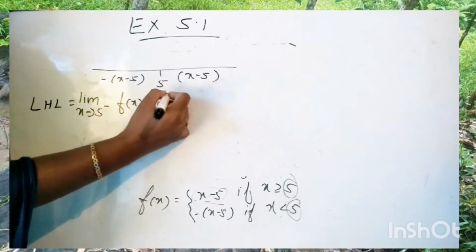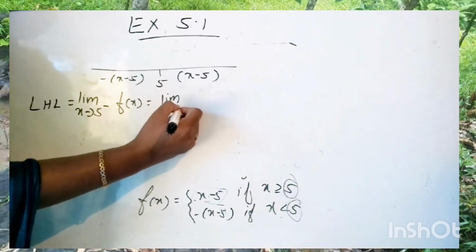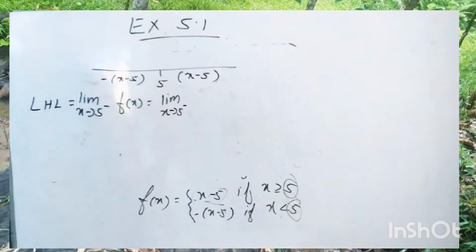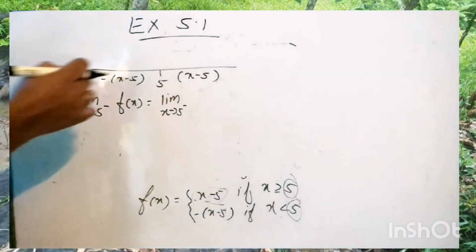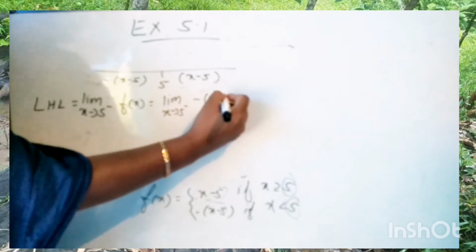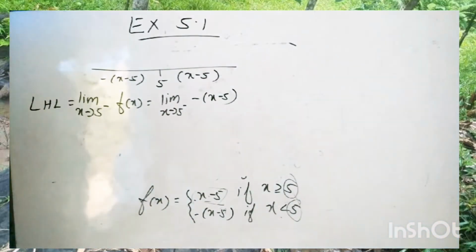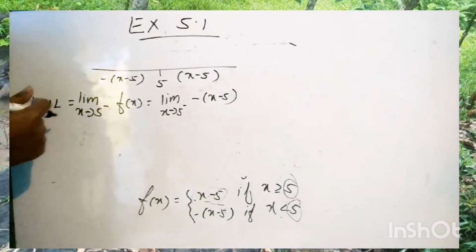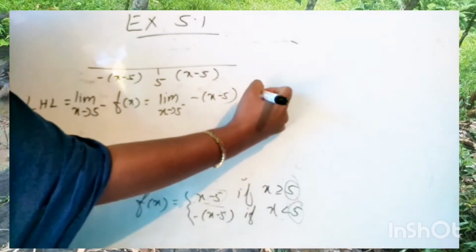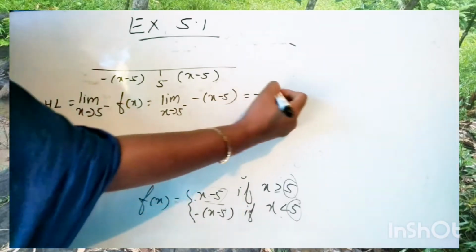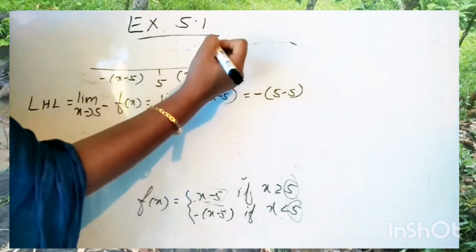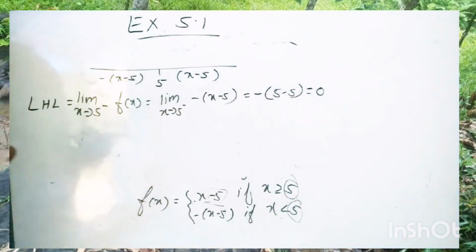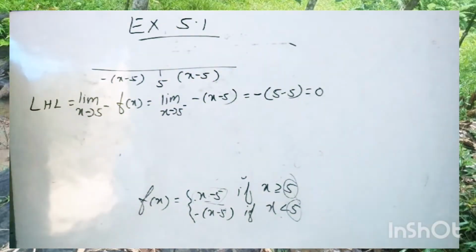What is the value of f of x to the left of 5? That is minus of x minus 5, right? That is equal to minus, just put x is equal to 5, 5 minus 5, and we get 0. So the left hand limit is 0.